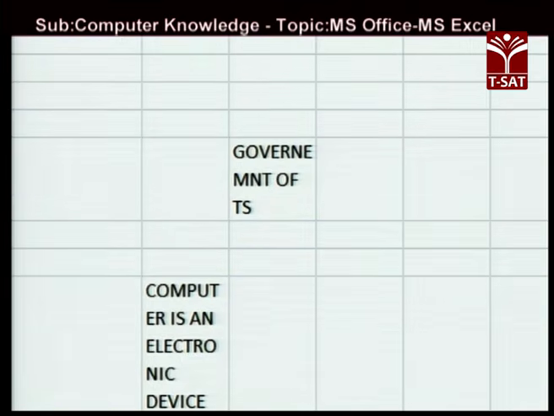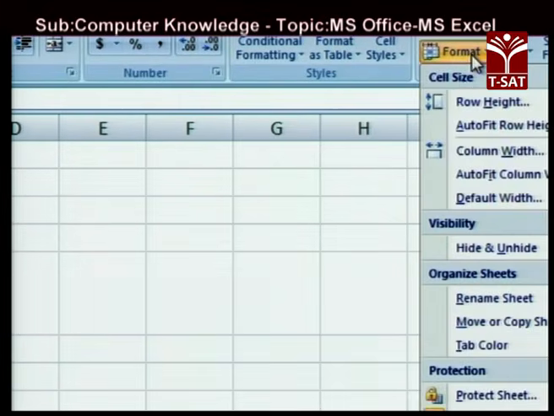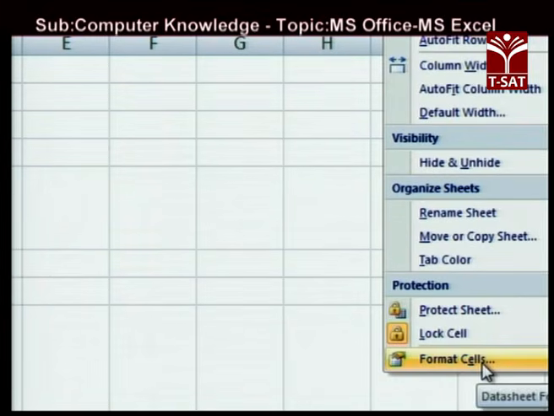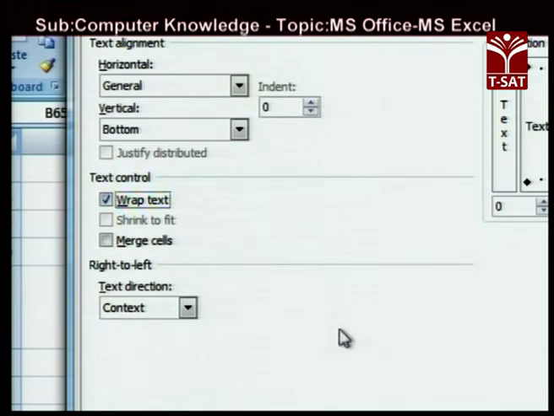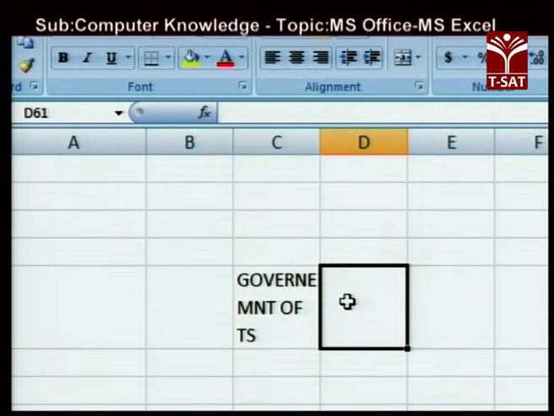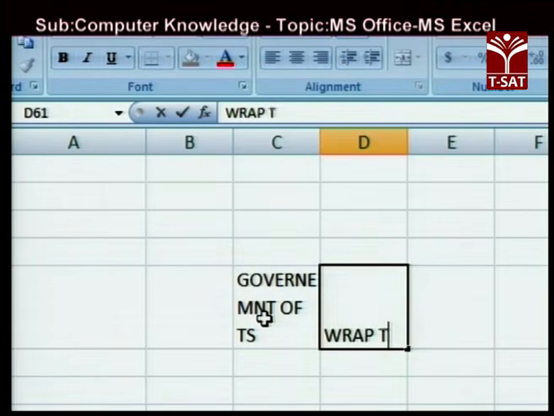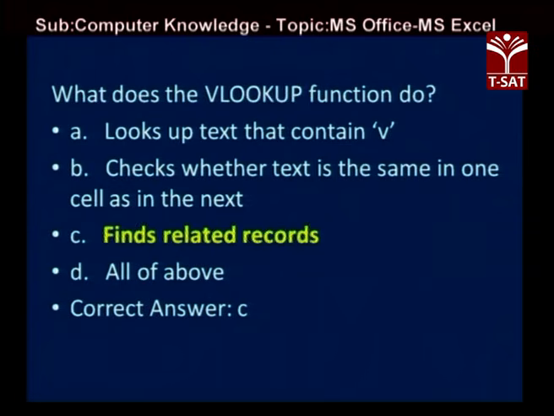I am applying wrap text: format, format cells, click on wrap text and click OK. Finally, select only wrap text and the total matter is merged in a single cell. That option is wrap text. I will explain it in questions.